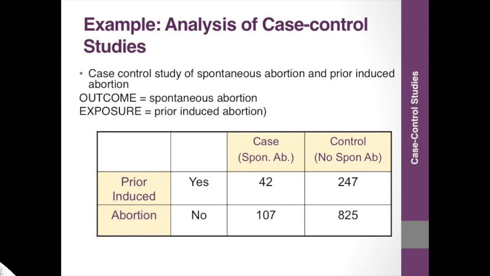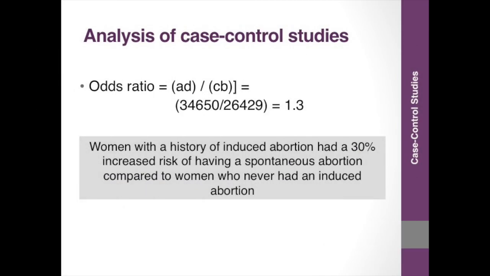Here's an example of an analysis of a case control study of spontaneous abortion and prior induced abortion. In this case, the cases were women that had a spontaneous abortion compared to those who did not, and the exposure of interest was the presence of a prior induced abortion or not.